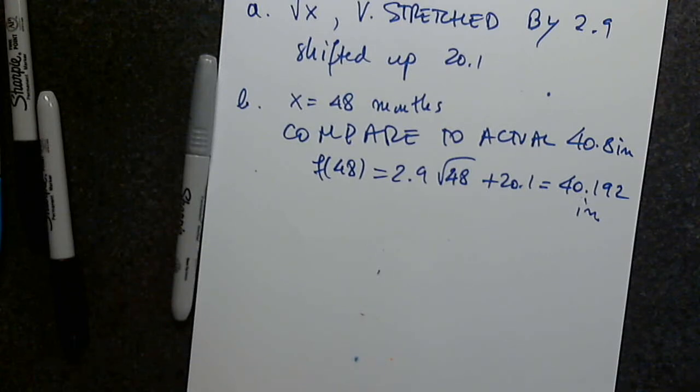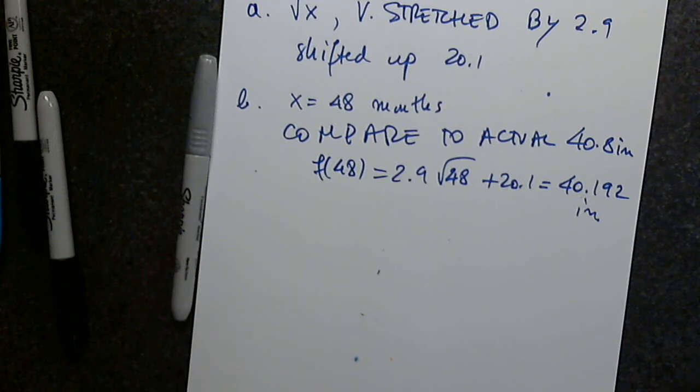I don't know, maybe at 39 months it's not that good. But at 48, what do you think? I think it's pretty good. It's not a life-threatening situation, right? I think 40.8 and 40.19, or almost 40.2, are quite close. I would say it's a good model.